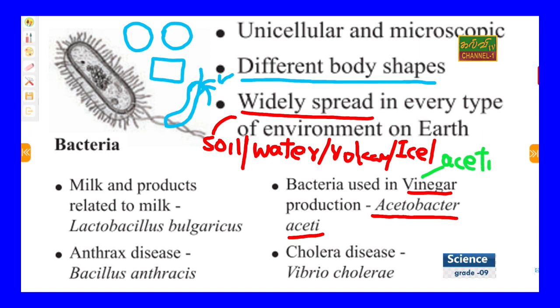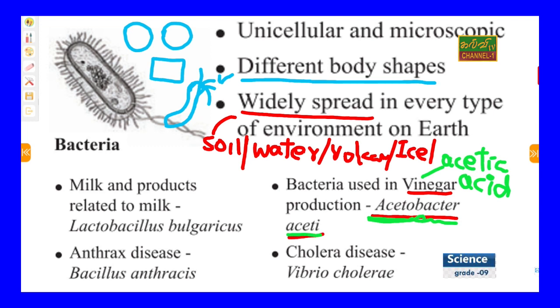Why do we say acetic acid? Because we are using the bacteria Acetobacter aceti. Aceto means acetic acid. Acetobacter aceti is the name of the bacteria.